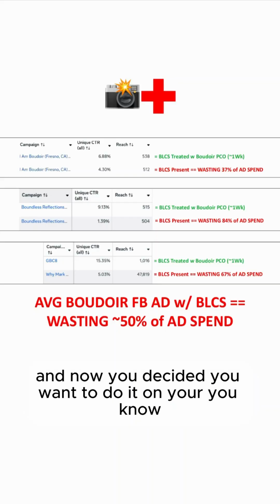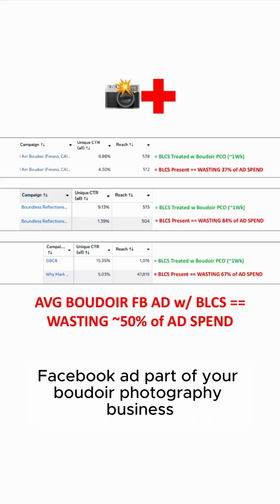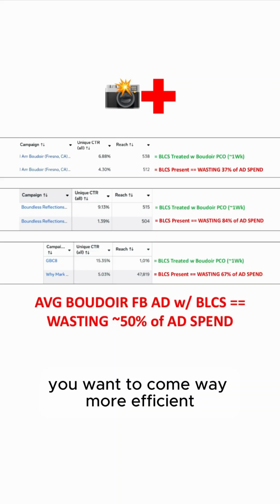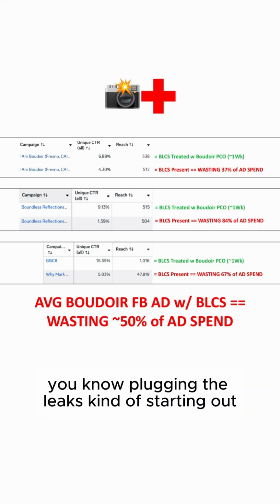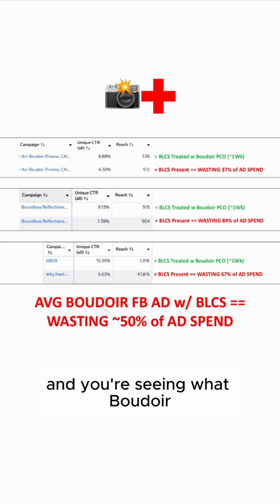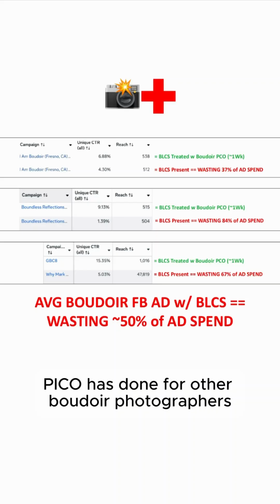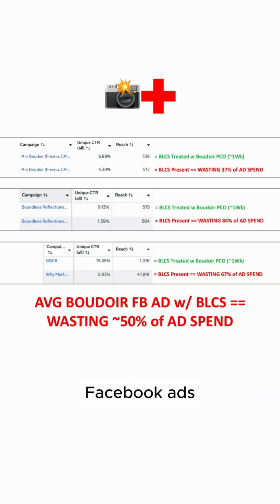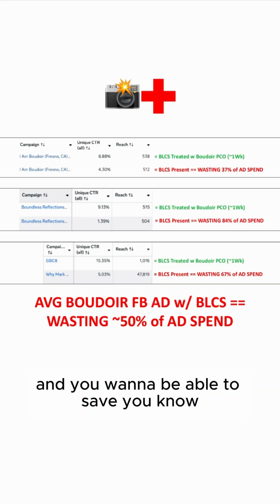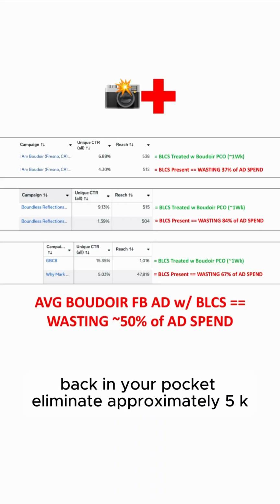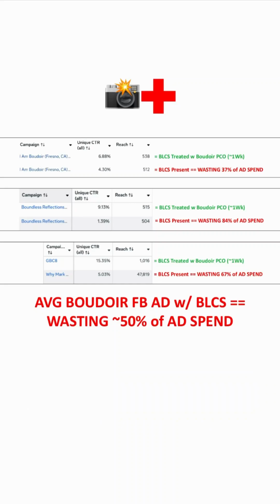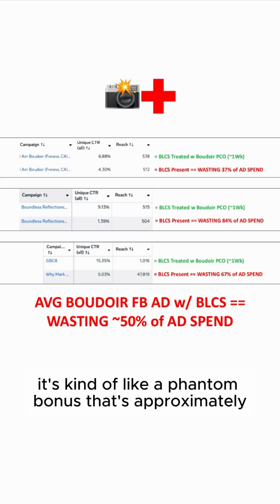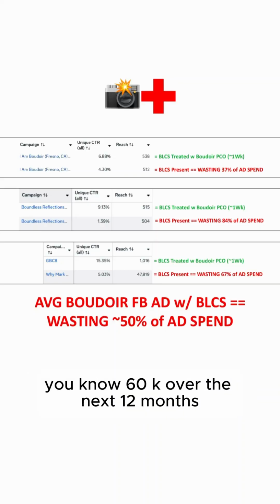And now you decided you want to do it on the Facebook ad part of your boudoir photography business. You want to become way more efficient, pull more money out of it as well by plugging the leaks. And you're seeing what Boudoir Pico has done for other boudoir photographers' Facebook ads. And you want to be able to save, eliminate approximately 5K of ad spend every single month, literally back in your pocket. It's kind of like a phantom bonus. That's approximately 60K over the next 12 months.